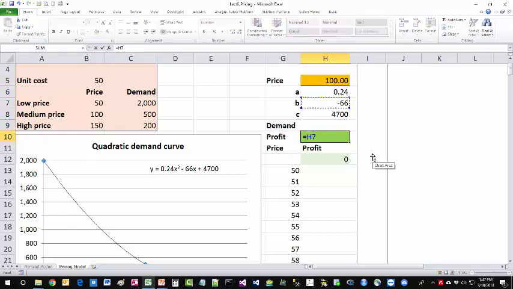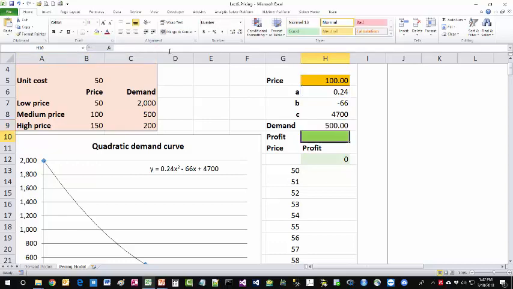So again, a times p squared, or x squared, plus b times x, which is p, plus c, which of course must be 500 units, and that should have been done in the demand cell rather than the profit cell.